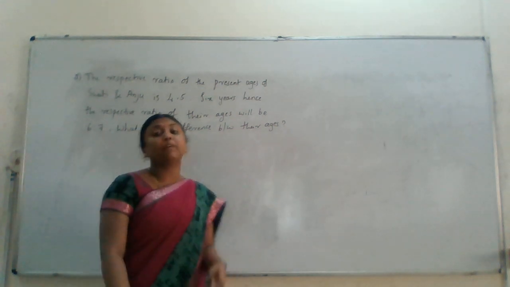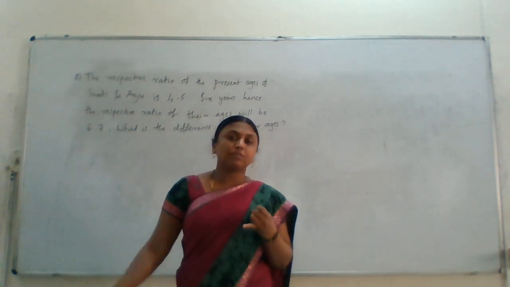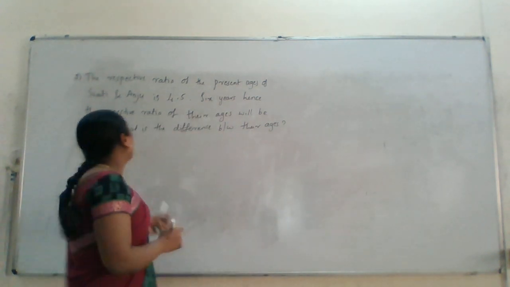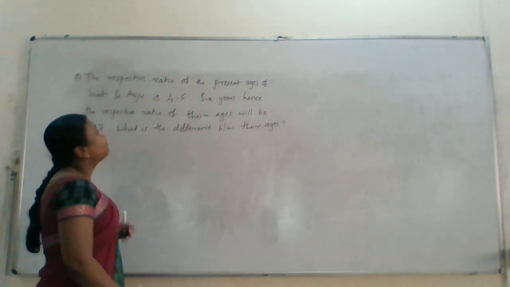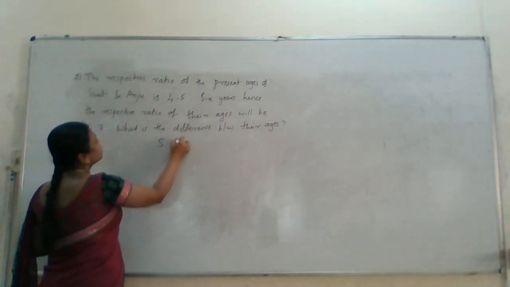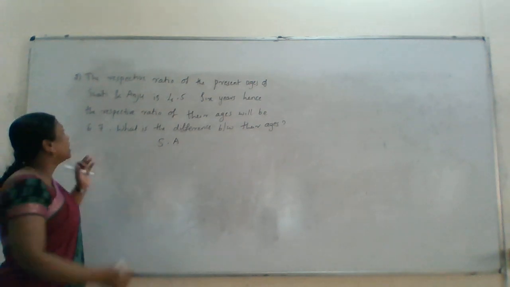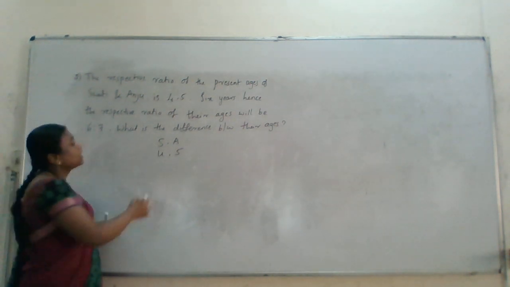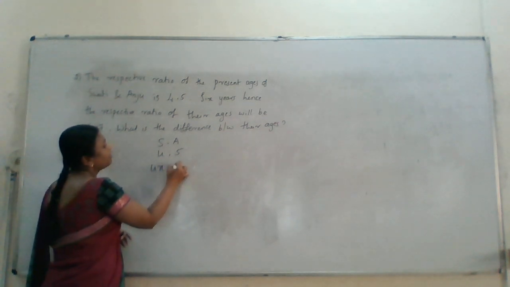That means you have to first find the present ages of Swati and Anju. After that, take the difference. So now the respective ratio of present ages of Swati to Anju is 4 is to 5. So we will consider this as 4x is to 5x.